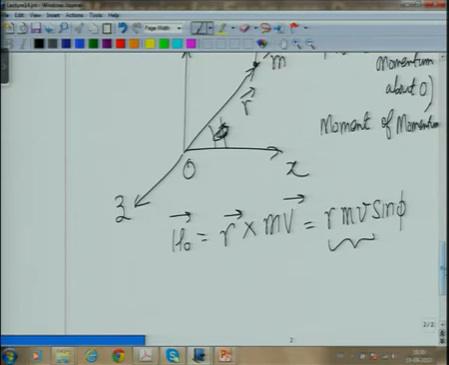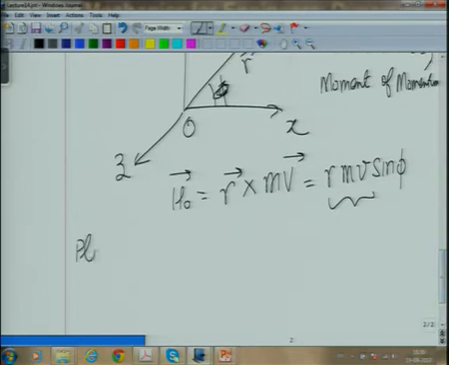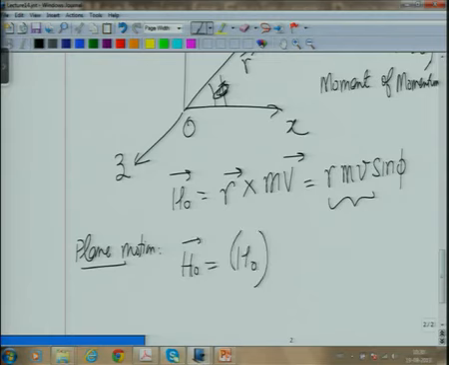Now, for plane motion, h about O will basically be the z component of this.